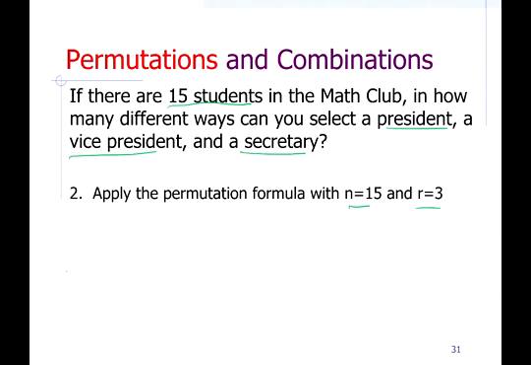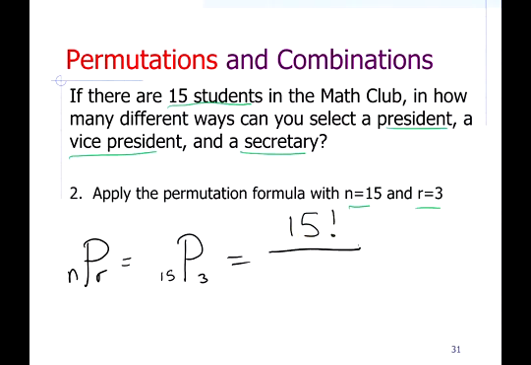And our formula from the last slide, nPr for permutation. Well, in this case, it's 15P3. And the formula says that should be equal to 15 factorial divided by (15 minus 3) factorial. And we know 15 minus 3 is 12.